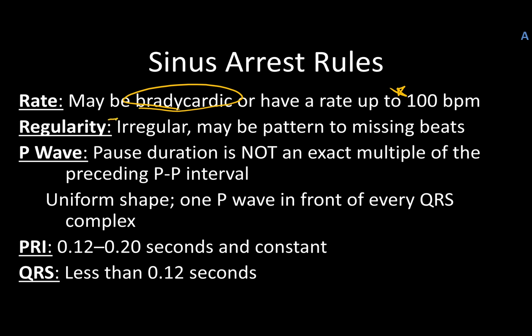So your pattern will typically be irregular, but there may be a pattern as well. The duration of the pause, again, the gap is not exactly 2 times the P to P. Otherwise, your P wave will have a uniform shape, the PRIs should be normal, as well as your QRS duration.